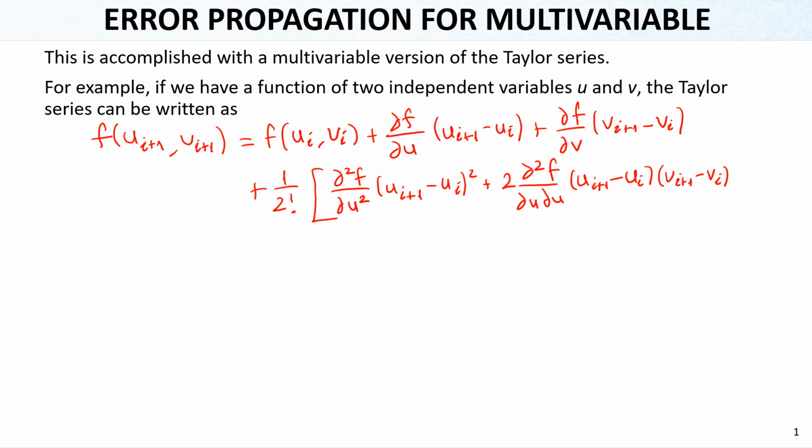And this will continue with plus ∂²f/∂v², because this was the remaining one, and this is because of v, we will use only the v step size, (v_{i+1} minus v_i) squared. And the third term will be 3 factorial and onwards.